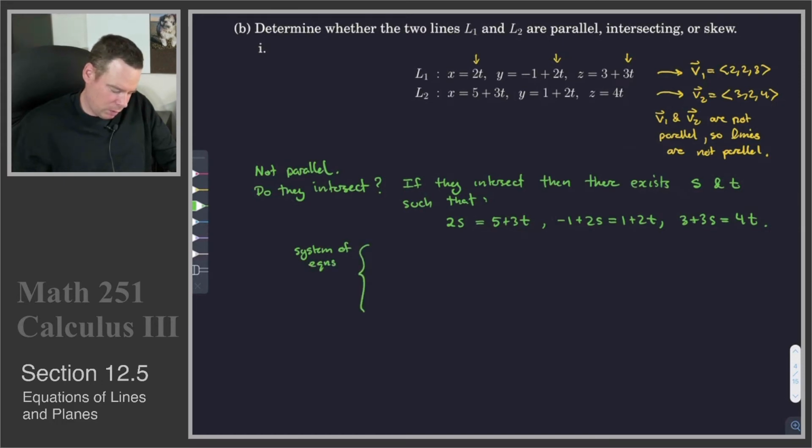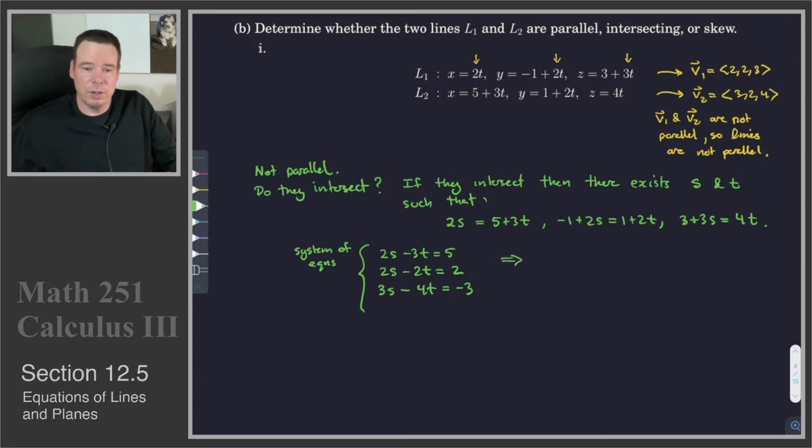The first equation is 2s minus 3t is equal to 5. The second equation is 2s minus 2t is equal to 2. And the third equation is 3s minus 4t is equal to negative 3. Now, how do we solve a system of equations? The most straightforward way now, since you're involved in linear algebra, either this term or if you've already done it, is to go ahead and form an augmented matrix.